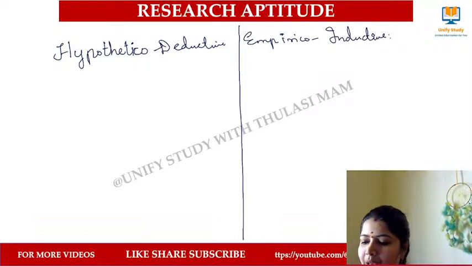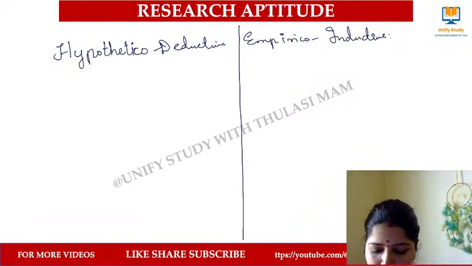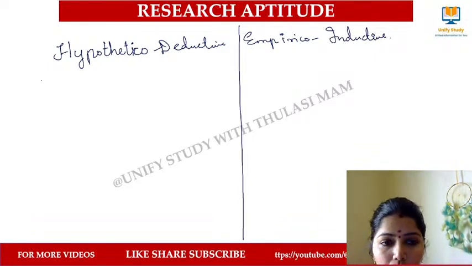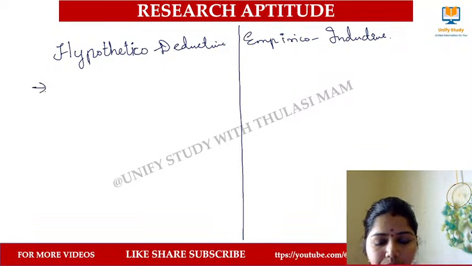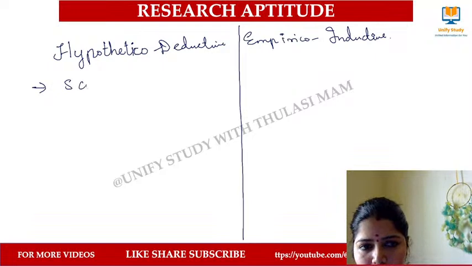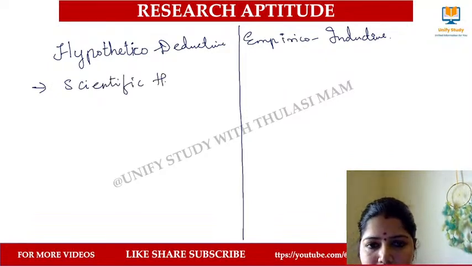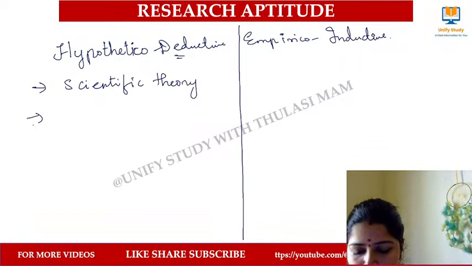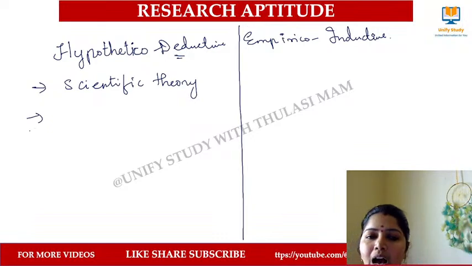Okay, what do you mean by hypothetico-deductive is, it is an approach, right, where it works on scientific theory. That is the quantitative approach we discussed right before, right? That is the hypothetico-deductive approach. This is being given by Karl Popper.